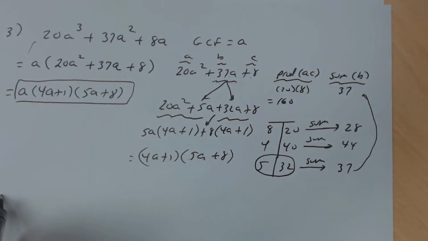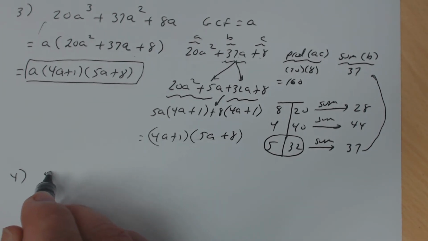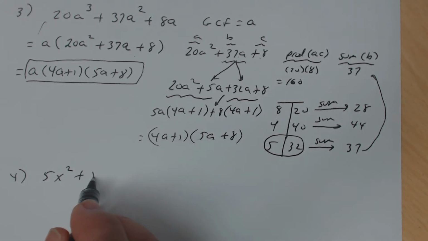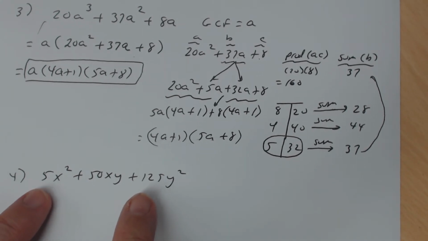All right. Okay, let's look at one more example. Let's suppose you wanted to factor 5x squared plus 50xy plus 125y squared. Now you may say, well, a is 5, c is 125, I multiply, I'm going to get a big number.